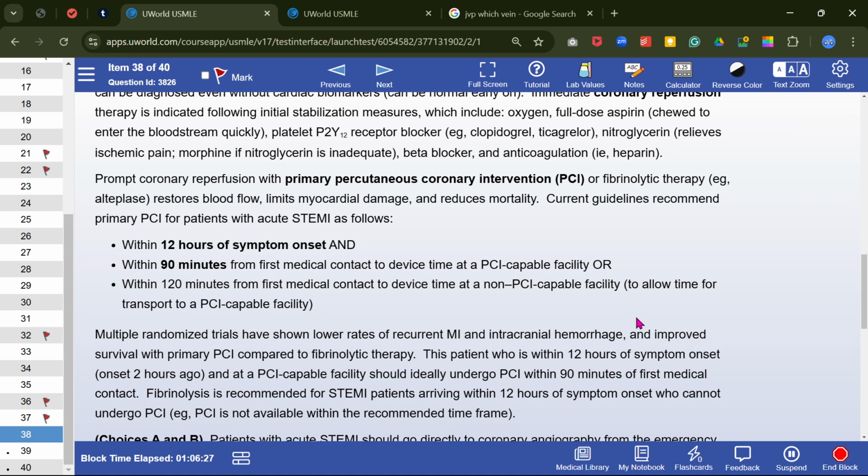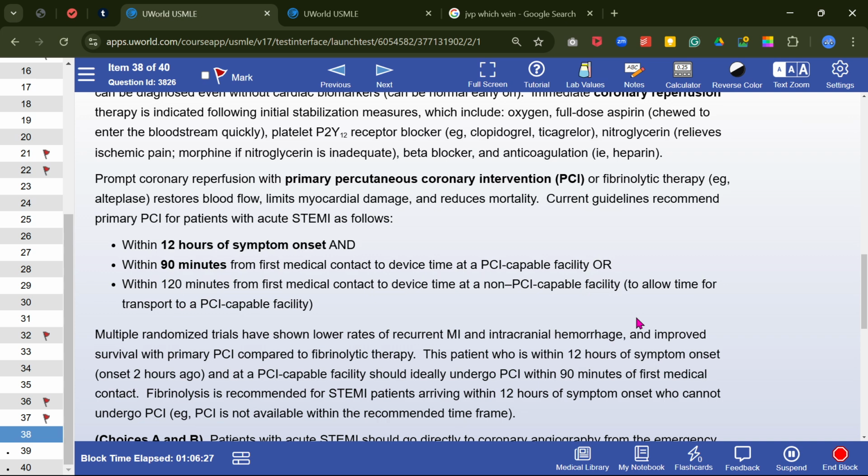Fibrinolysis is recommended for ST-elevated MI patients arriving within 12 hours of symptom onset who cannot undergo PCI, or when PCI is not available within the recommended time frame.